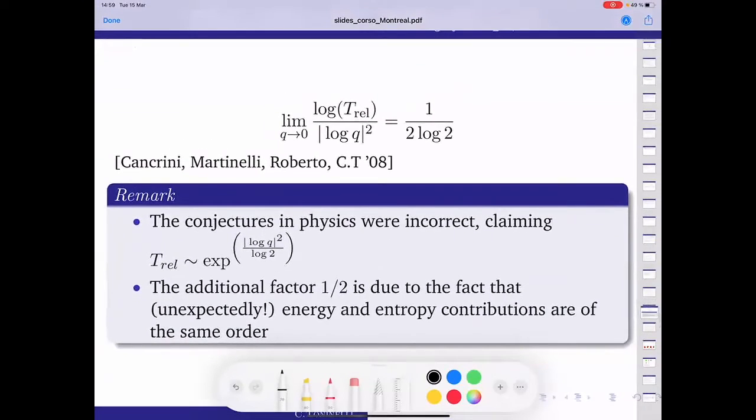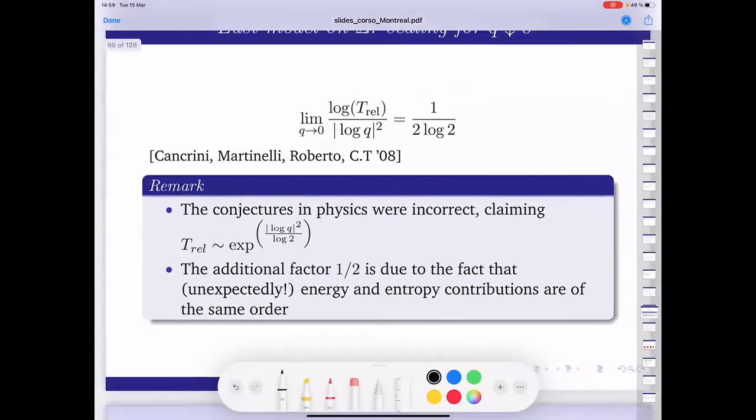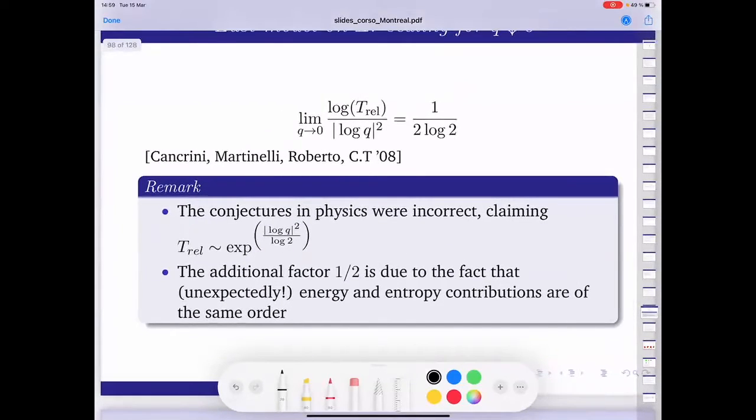So first, I wanted to make a remark, connected to the fact that sometimes numerical simulations got wrong conjectures. This was the case for this model, though it is just a one-dimensional model. You see that this scaling, exponential of log Q squared, is quite a sharp slowdown when Q goes to 0.